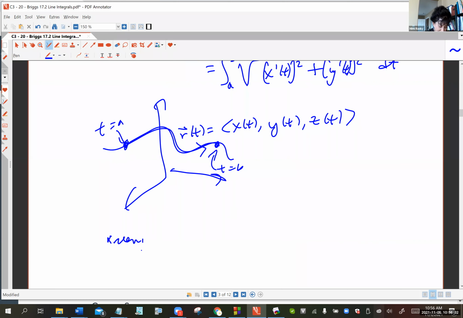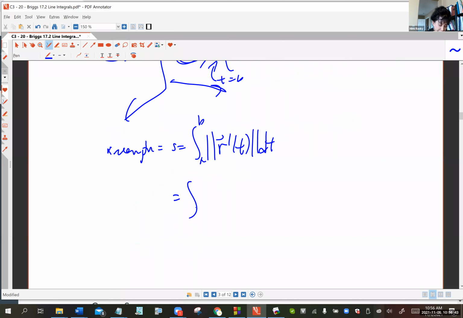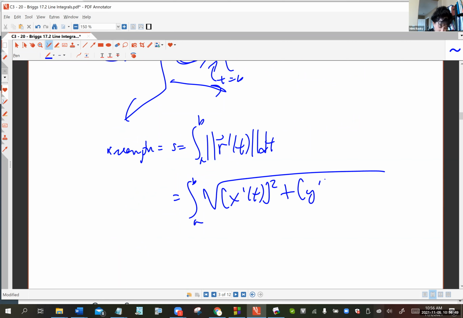Arc length is denoted little s. It is still going to be the integral of speed, the magnitude of r prime, except this radical will involve the sum of the squares of the three components. This is all review, and I'm doing it for a reason.